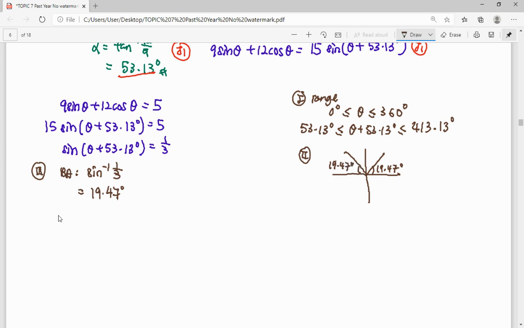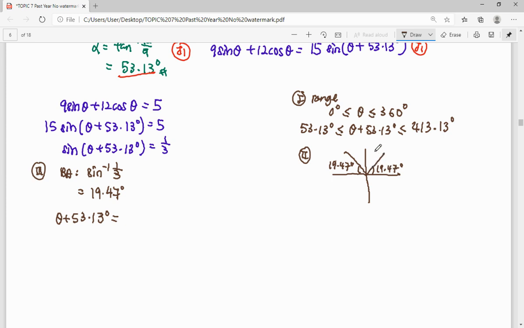So finally, we rotate our angle to the corresponding quadrant. So for 53.13, we will start from 53.13. So this basic angle is 19, so it is lower than the minimum that we want. So we won't get this as our solution.